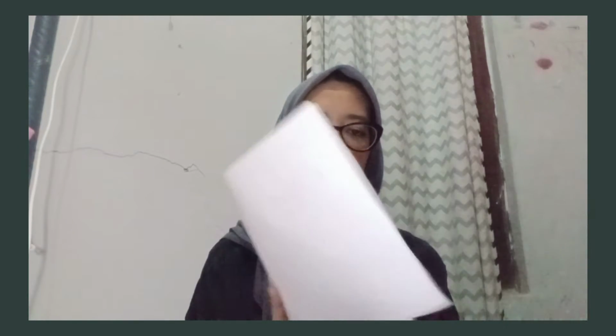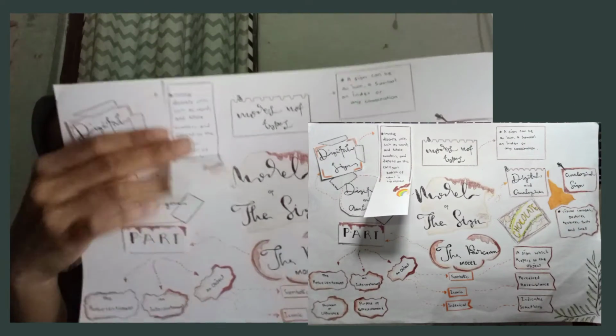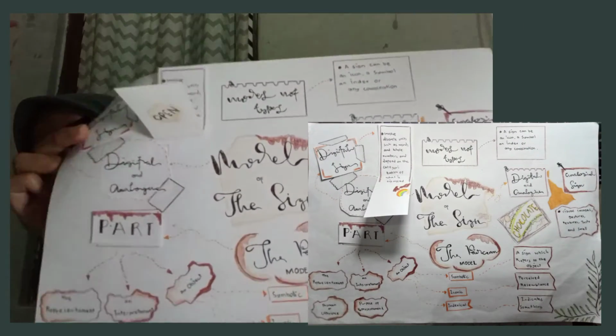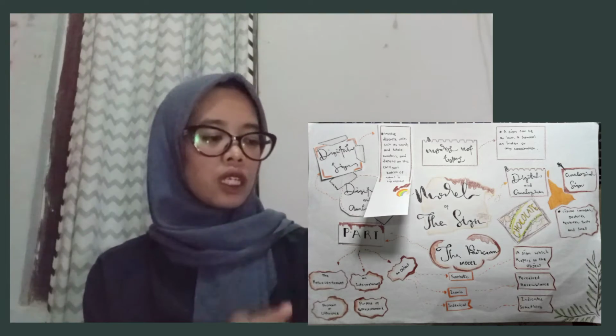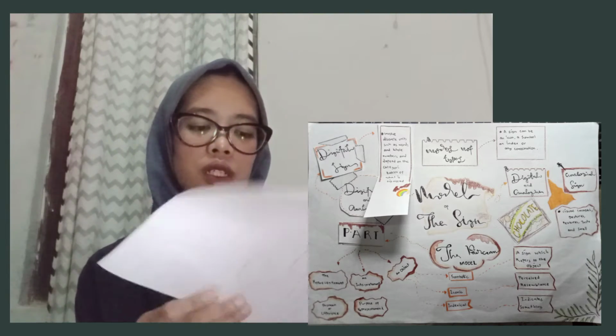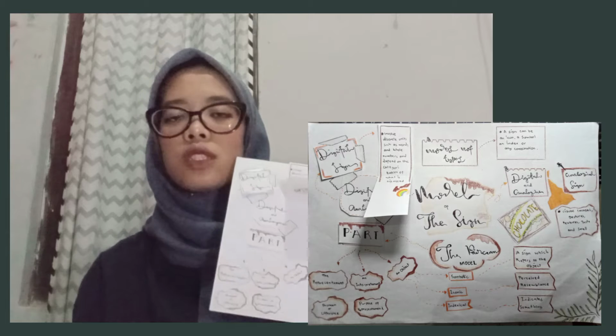And before that, I want to show you my mind mapping. This is my mind mapping. And then the first one is the Peircean models.